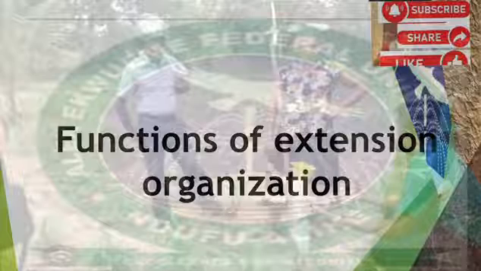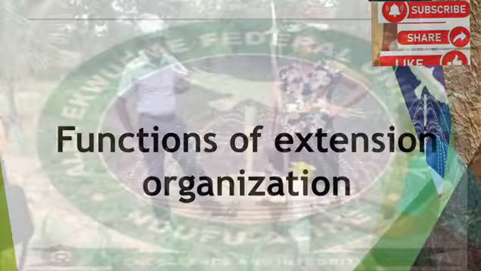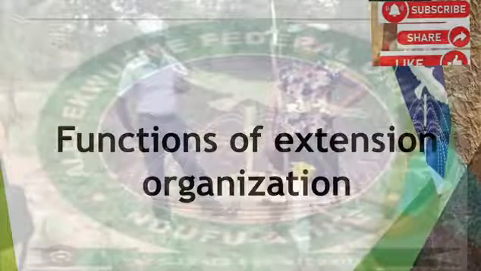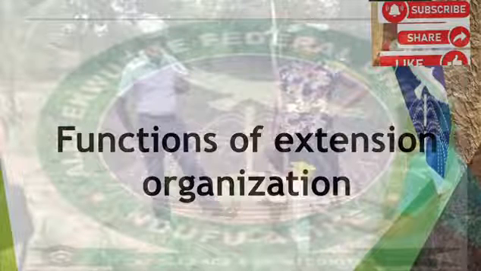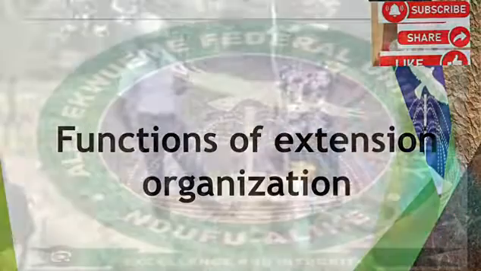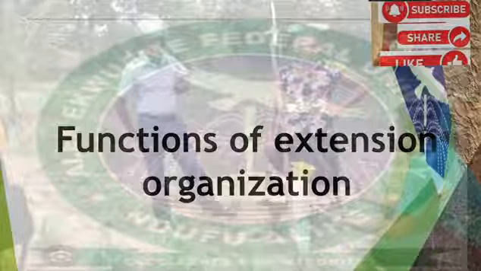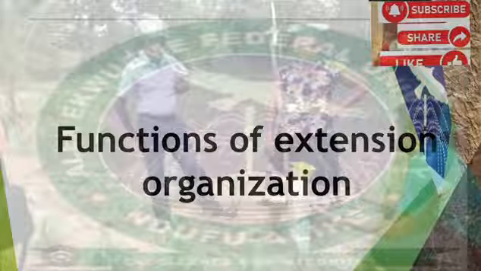Four, extension organization functions as a means of establishing standards of practice. If there are no given standards of practice for agricultural functions, you can be sure that there will be no measuring rod to say whether a certain extension or agricultural practice is up to date or not.